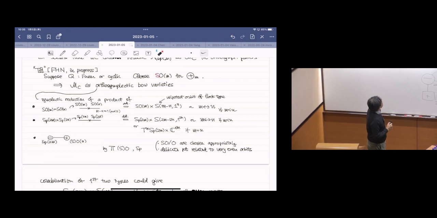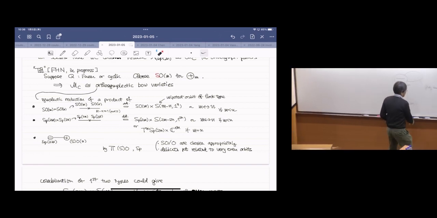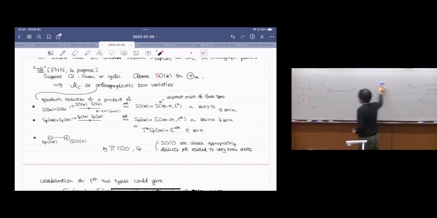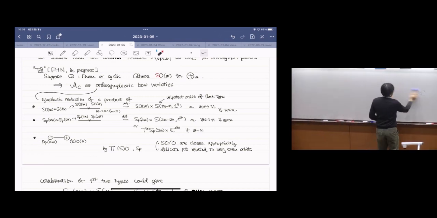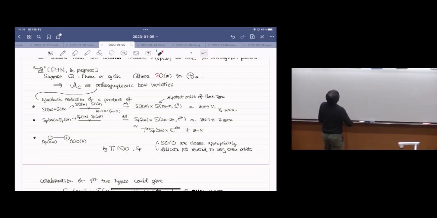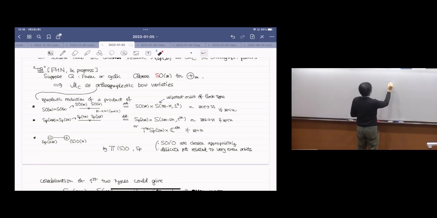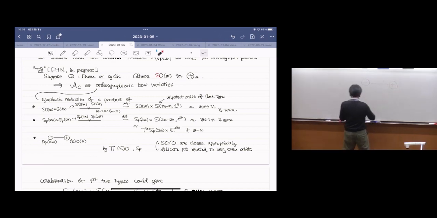But if this SP is connected with odd, then naively this is exchanged, maybe I should write. This is an interesting point. And this never appears in a single piece because it violates Witten's anomaly cancellation condition.